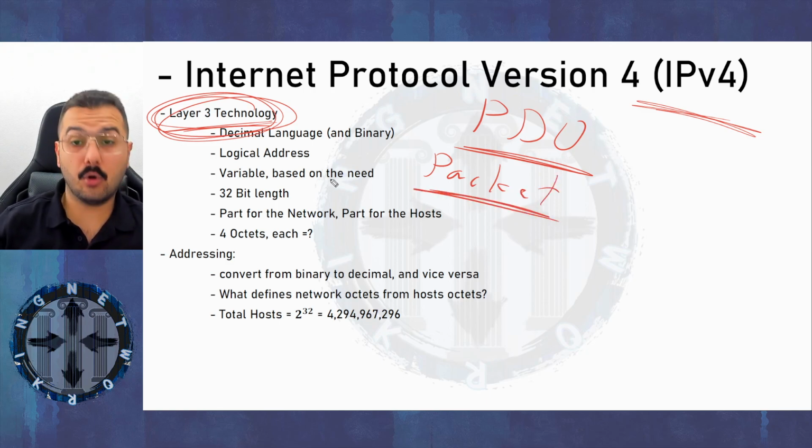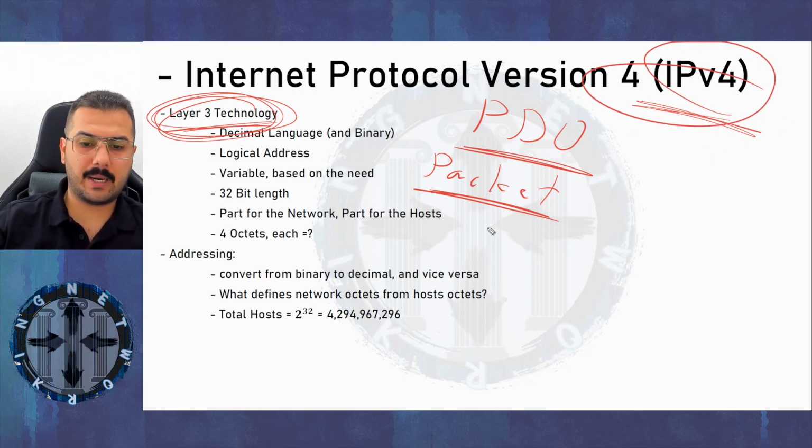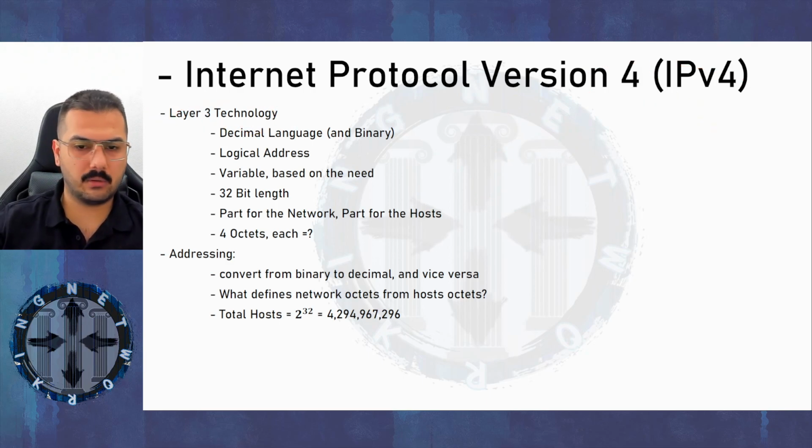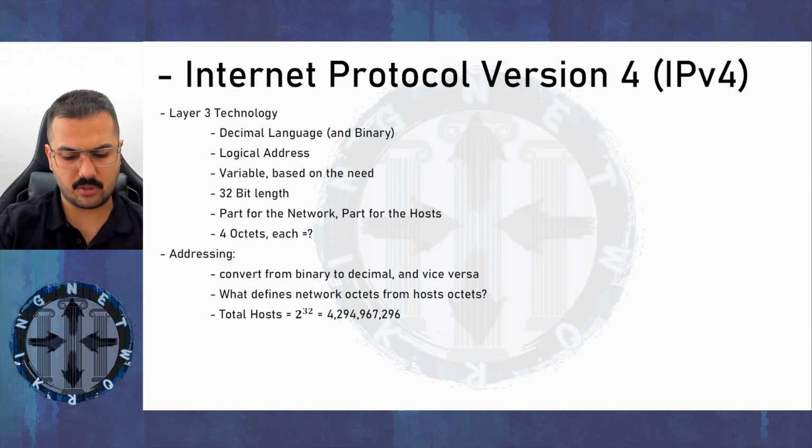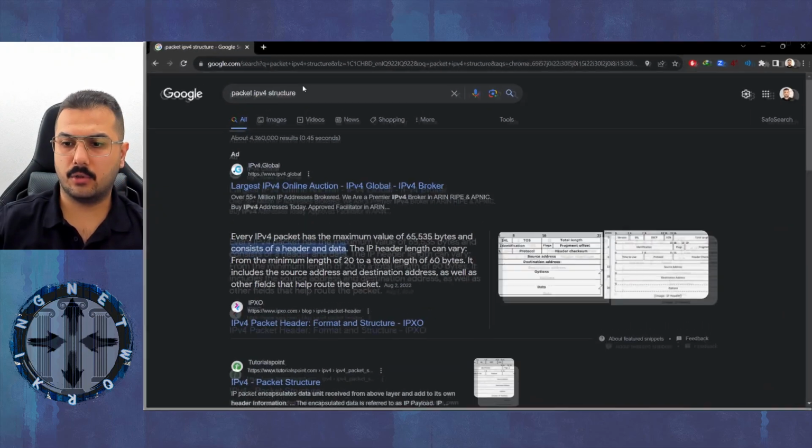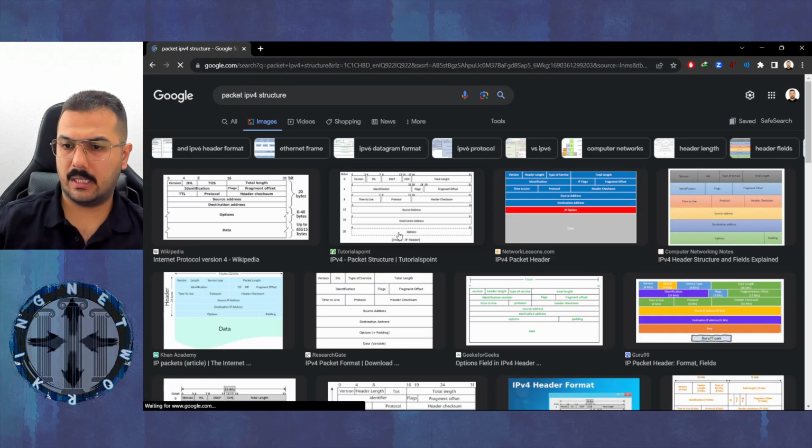Inside a packet, and only inside a packet, you will find an IPv4. So what's inside a packet? I will not draw it all again, because there are so many better sketches on the internet. If I type IPv4 packet structure into Google and go to the images, there are so many, some from Wikipedia, others.